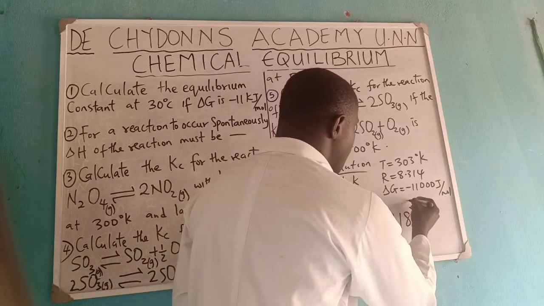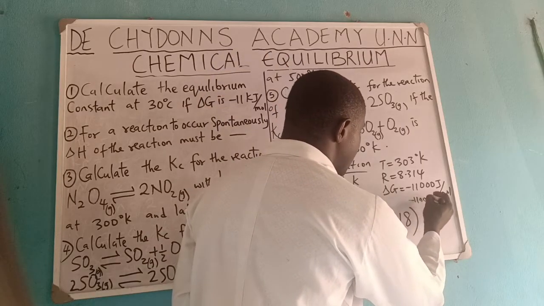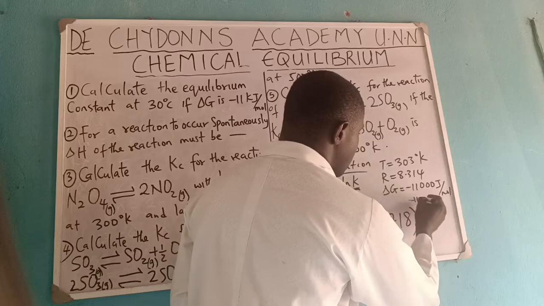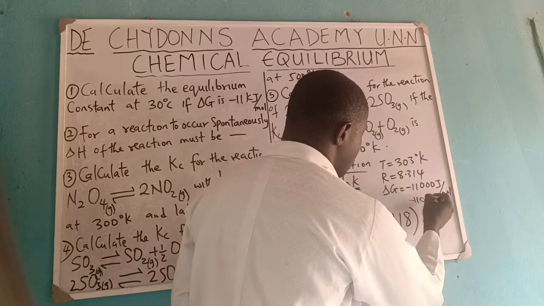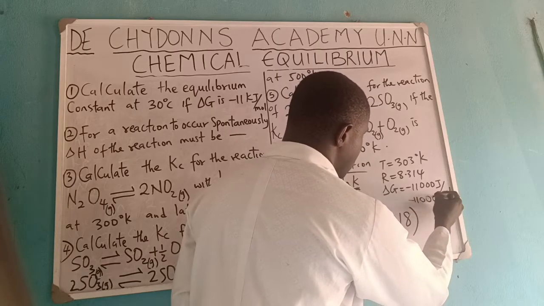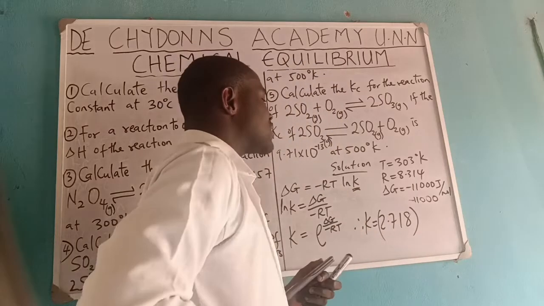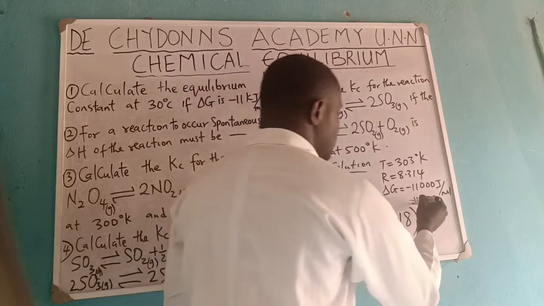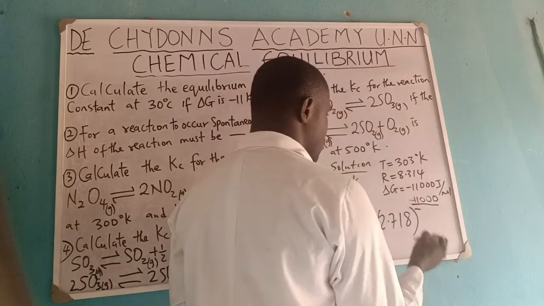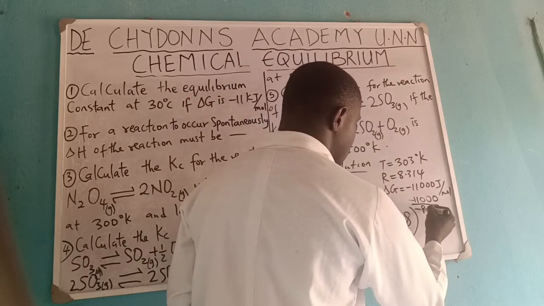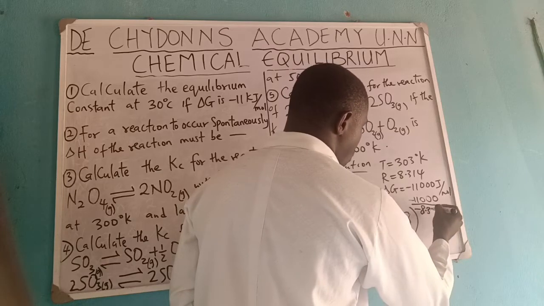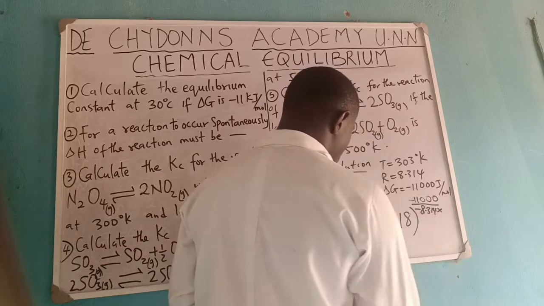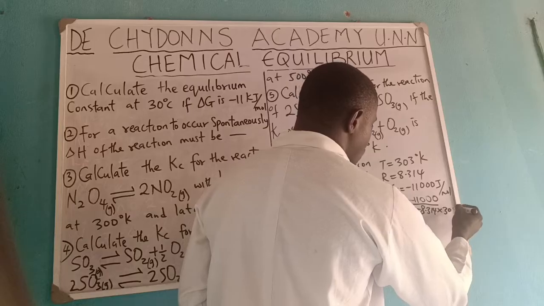We'll have it to be minus 11,000. Minus 11,000 is our change in G. Then what is our R? We say all over minus R, which is 8.314 times our temperature, 303.